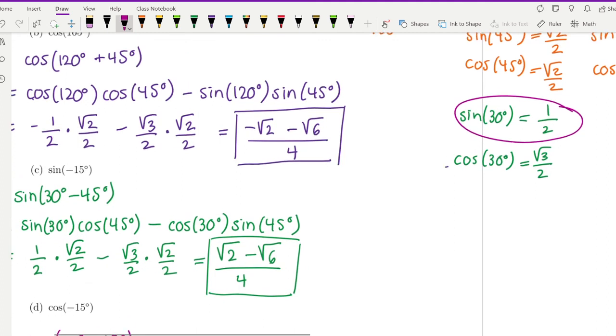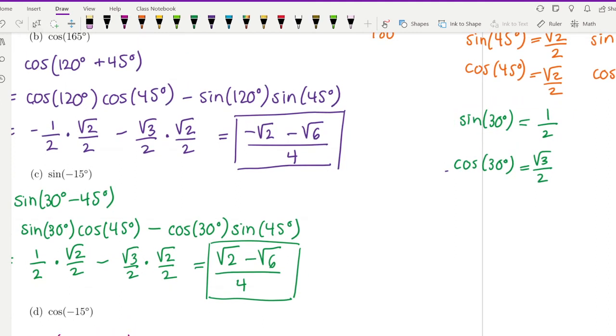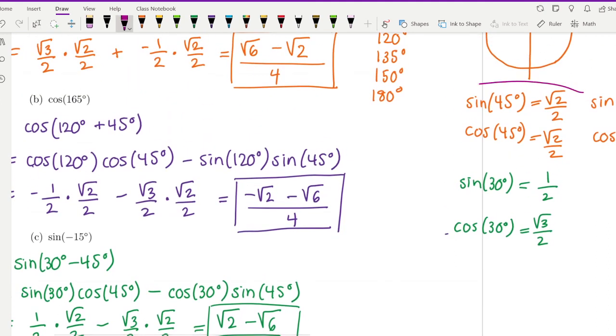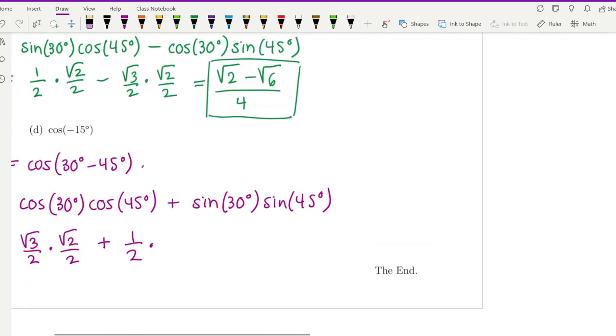And then sine of 45 degrees, that is this one. Square root of 2 over 2. And we can combine these now, and we end up with square root of 6 plus square root of 2, all divided by 4.